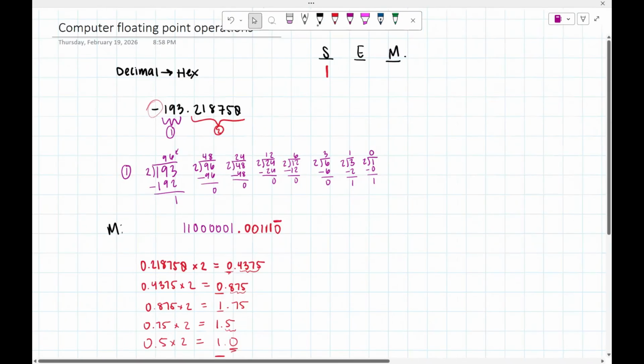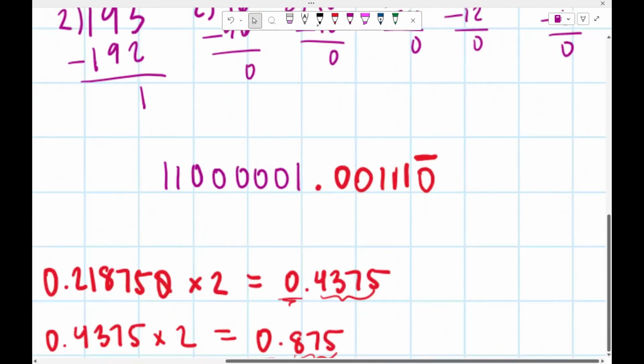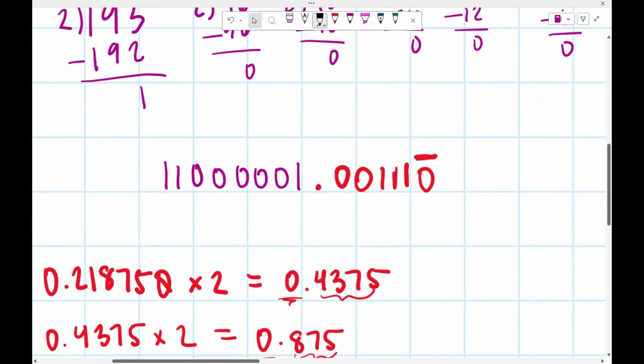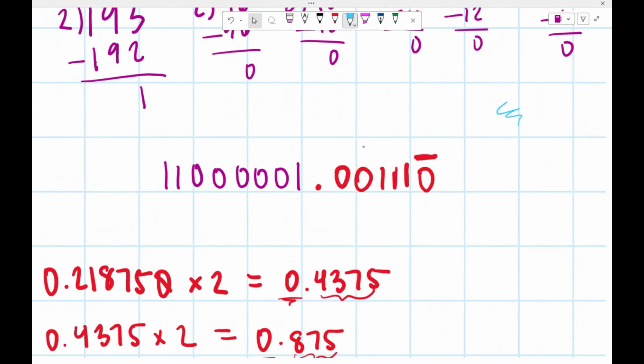The next thing we need to get is the exponent, right? And how we're going to do that is, let me make the exponent a different color. We'll make it blue. So we'll just count how many times we need to move it over to the left until we get to the most leading bit, right?